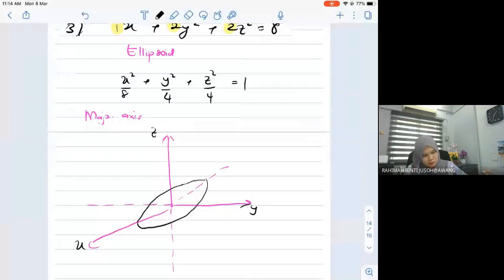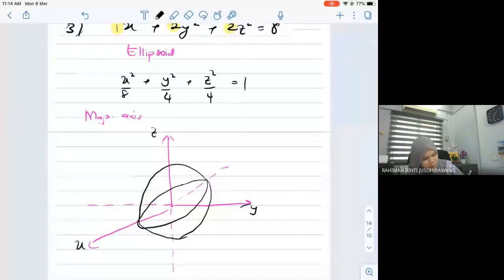Buat macam ni dulu. Okay. And then ni atas, ini bawah. Okay. You plot koordinat X pun dah good enough dah. Square root 8. Macam tu.